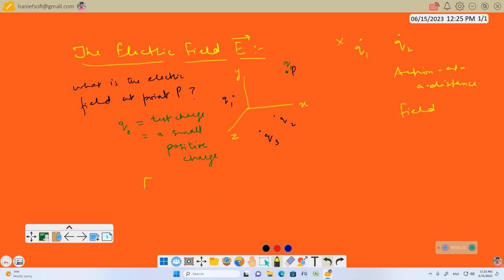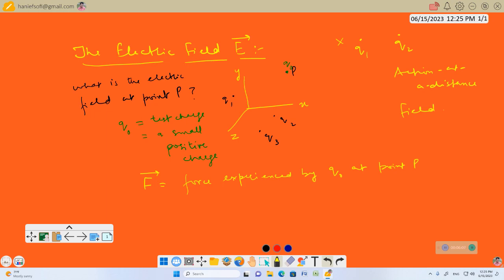So let F be that force. F is the force experienced by Q naught at point P. Why does it experience force? Because there are charges in the neighborhood. It will experience force due to them.